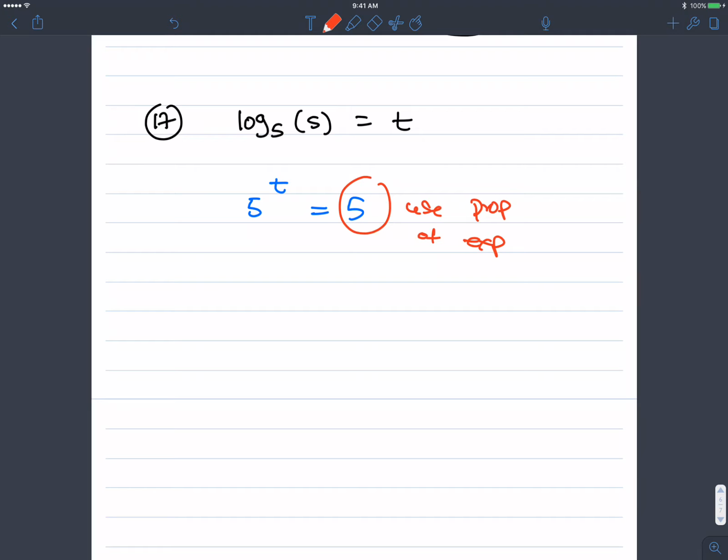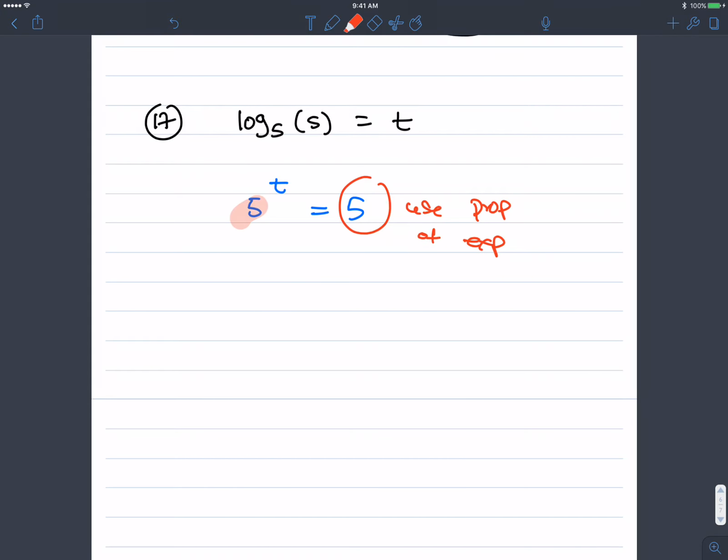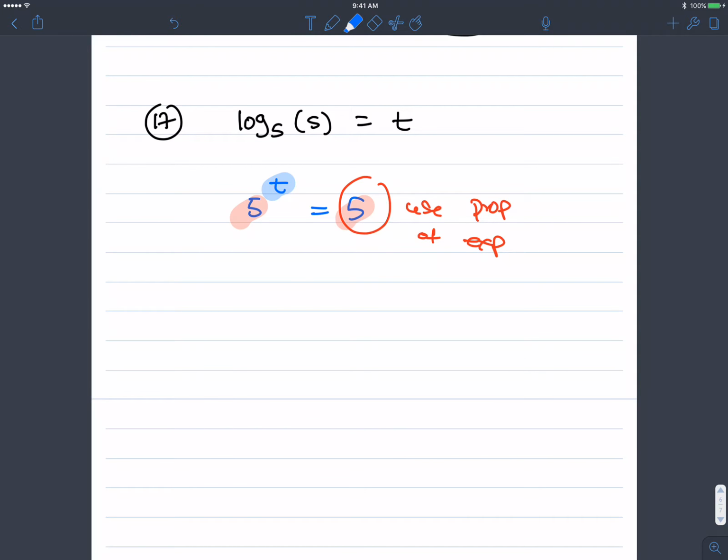Well, you might say, well, they already have the same base. Okay, but what power do I need here? If these bases are the same, and they are, right, 5 and 5, I have a power over here, t. The question is, what's the power on the other side? 5 to the first power. In fact, in general, any base to the first power is itself. So that 5 to the first power is going to be 5.